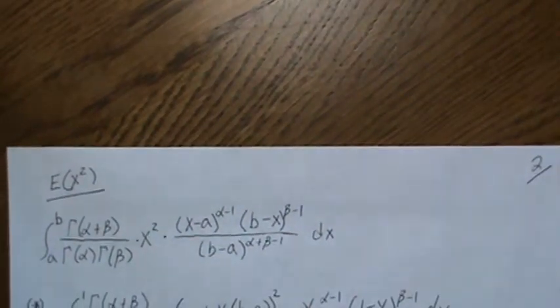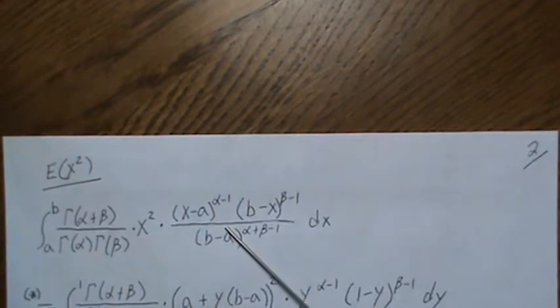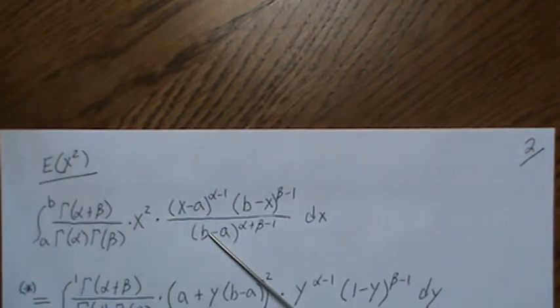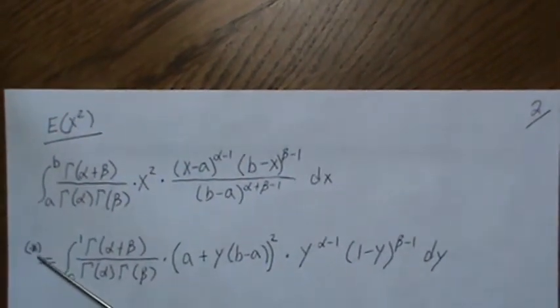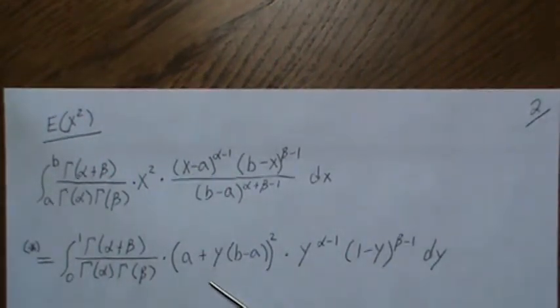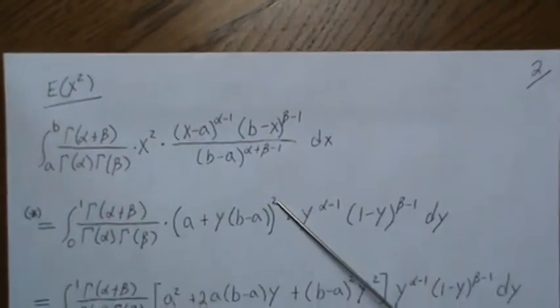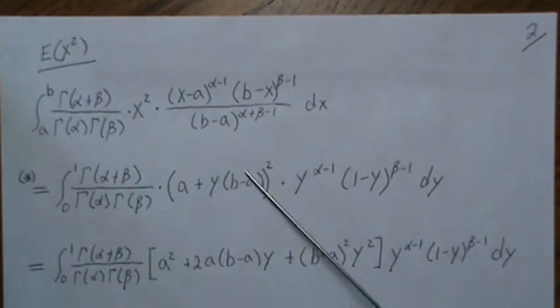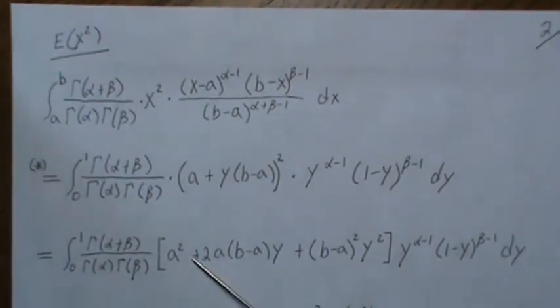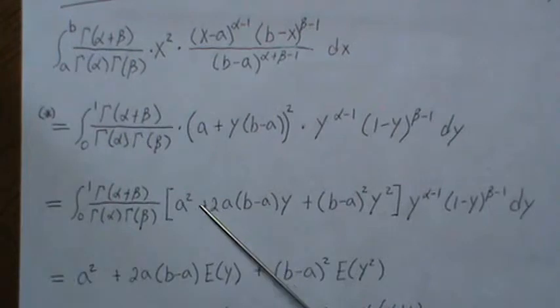So now to find the expected value of x squared, we stick in an x squared times the density and integrate. And so we use the transformation that we did earlier, and the y and the 1 minus y and the dy are straightforward. This one we have to plug in the x that we solved for. Then what we'll do is we'll expand this quadratic into this, and then we'll pass this into each of those, and it's the same as before.